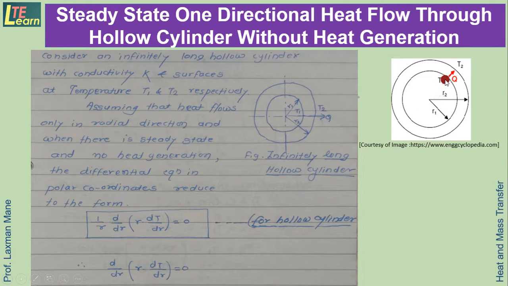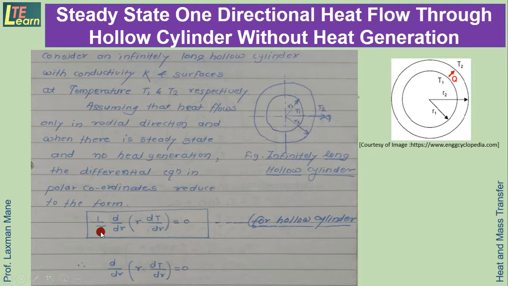Heat flow is along the radius direction. Now for the hollow cylinder we have this polar coordinate reduced form of the three-dimensional equation, that is 1 upon R d by dr bracket R into dT by dr is equal to 0.